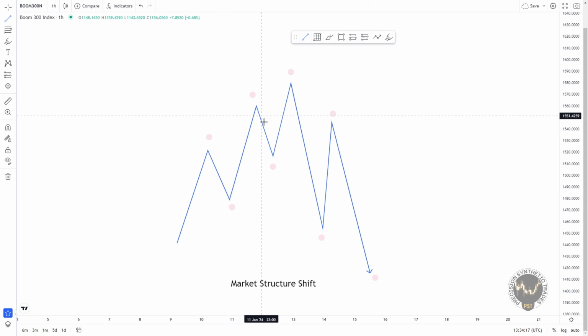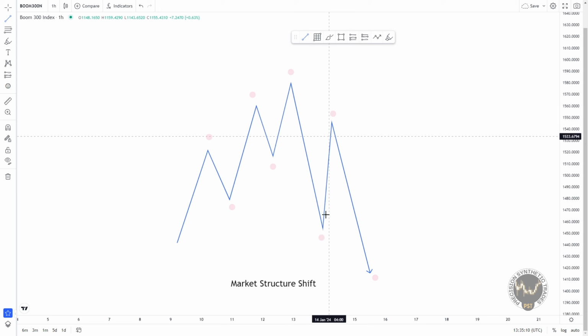A high was created and got a retrace. As soon as this high is broken, we look at the low that caused the up move to break this high. Remember, the middle candle needs to be lower than the candle on the left and the candle on the right. A low was created. Now this low got taken out by this high, so this becomes my new high. This was the low that was broken, so there we have our market structure shift.